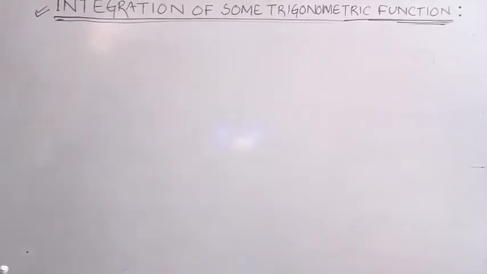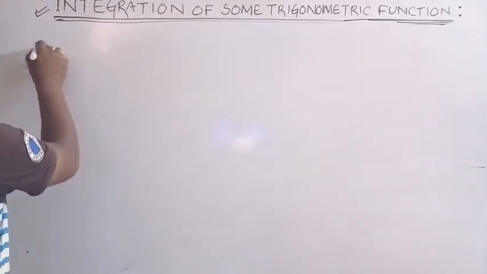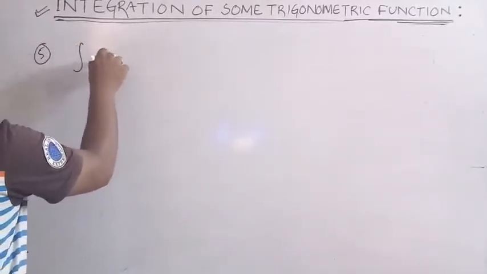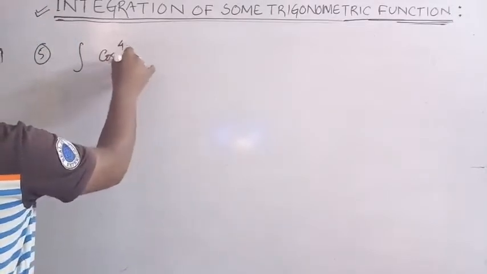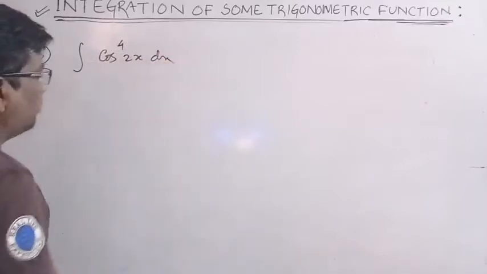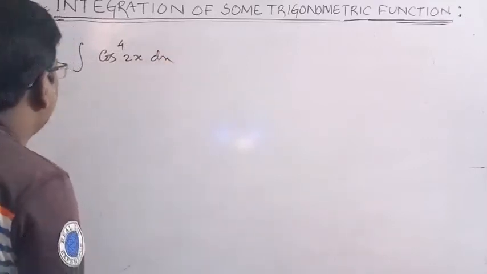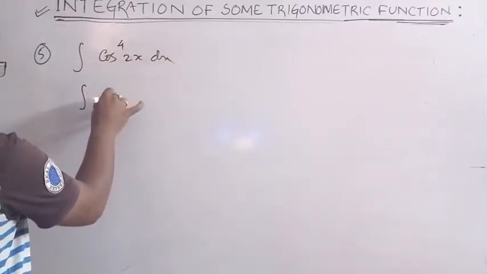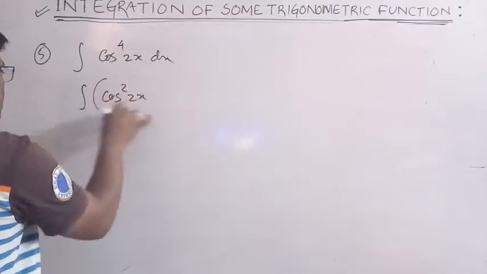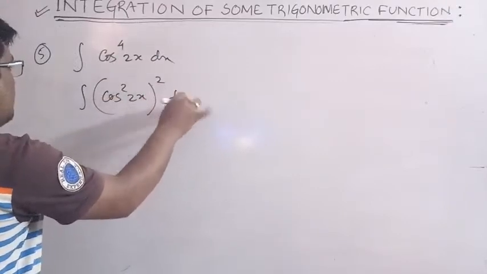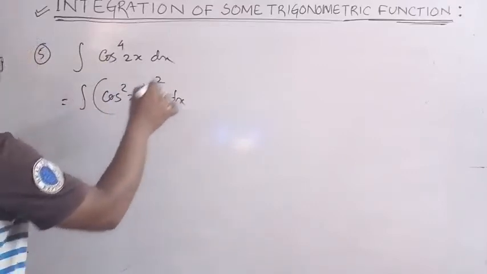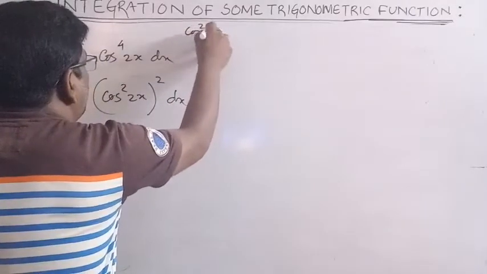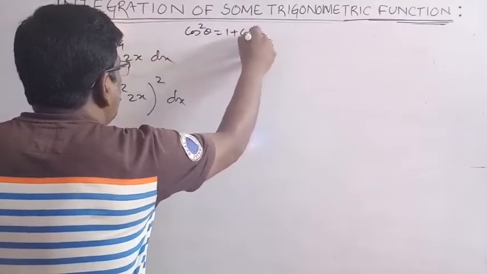This is question number 5. Integration of cos to the power 4 of 2x dx. We can write here integration of cos square 2x whole to the power 2 dx, since even power is present. So cos square theta is equal to what? Cos square theta is equal to 1 plus cos 2 theta by 2.